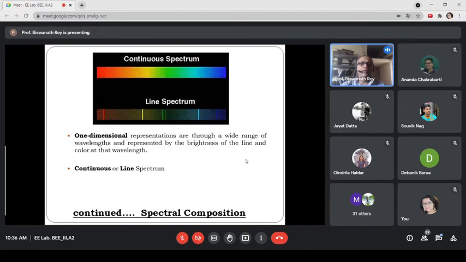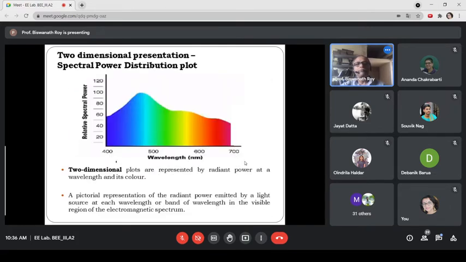What is the two-dimensional presentation? Two-dimensional presentation is this. The additional dimension is the associated optical power. So this is XY, right? The abscissa shows the wavelength and the ordinate shows the relative spectral power.